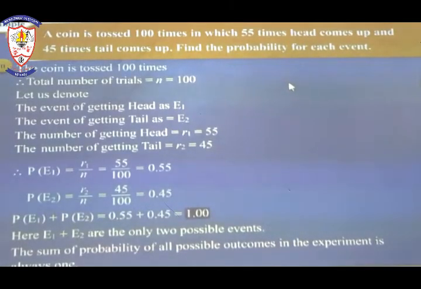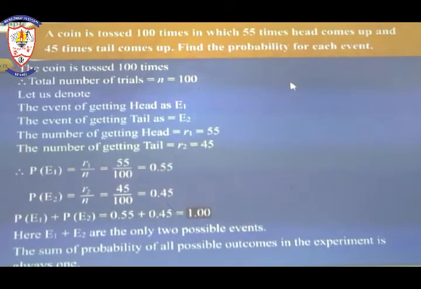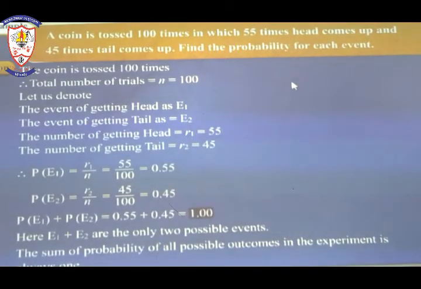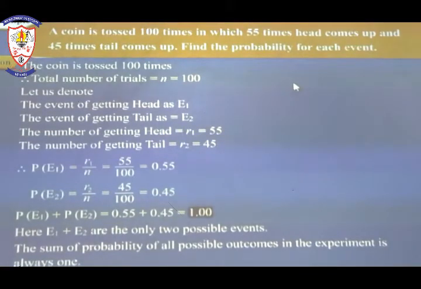When we sum up the probabilities of events E1 and E2, we get 1. Here E1 and E2 are the only two possible events, because when we toss the coin, only two possibilities are there. Either head came or tail came. So, the probability of all possible outcomes in this experiment is always 1.